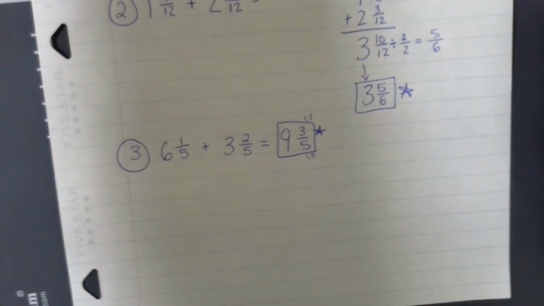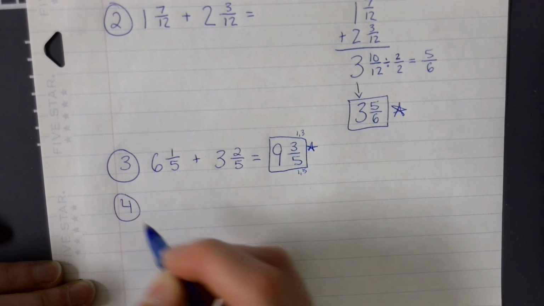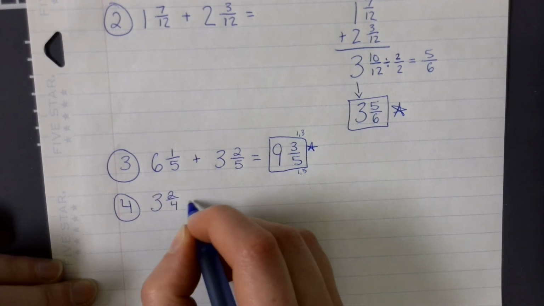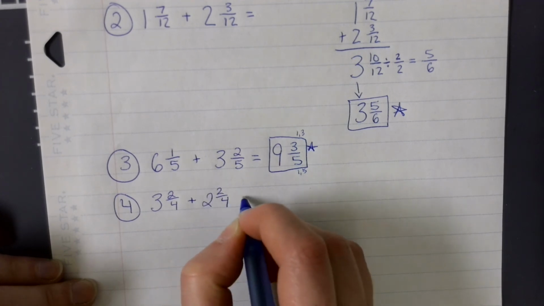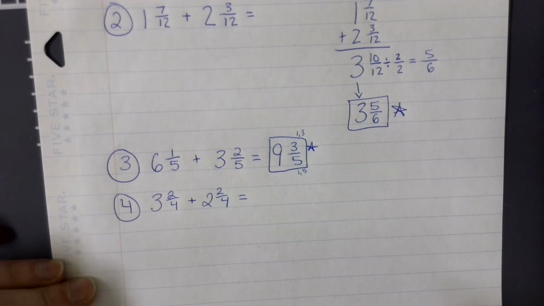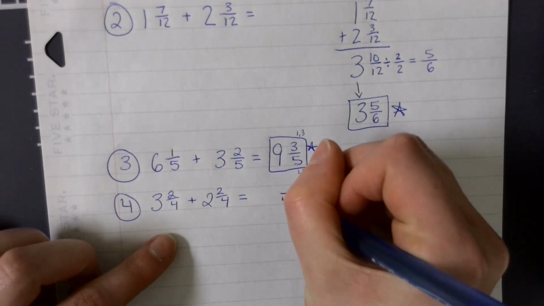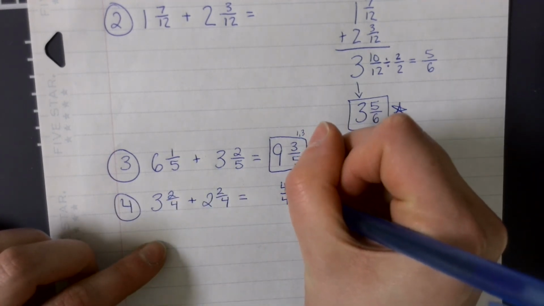Okay, last example for today, example 4, is going to be 3 2/4 plus 2 2/4. Okay, let's add our fractions. So keep your denominator 4. Add the numerators. 2 plus 2 is 4.